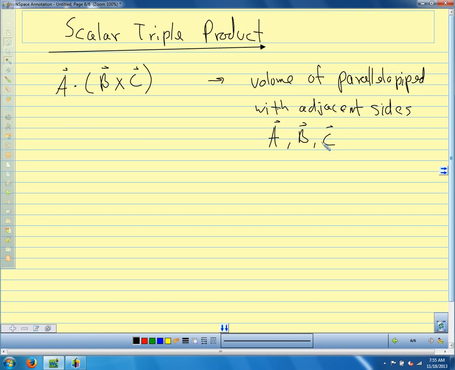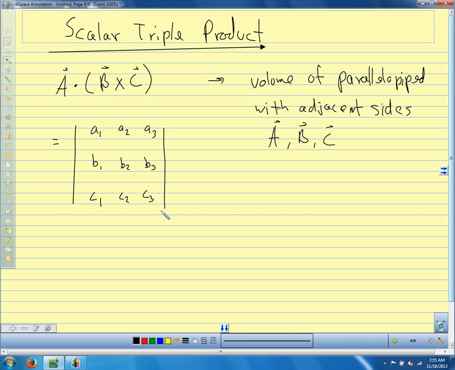To calculate the volume of that box, to calculate this scalar triple product, we just find the determinant of the matrix with rows A1, A2, A3, B1, B2, B3, C1, C2, C3.